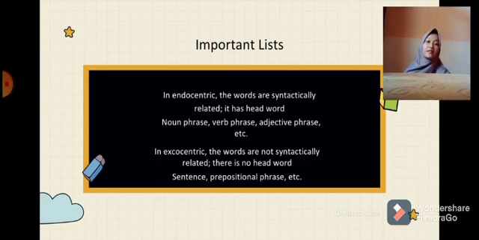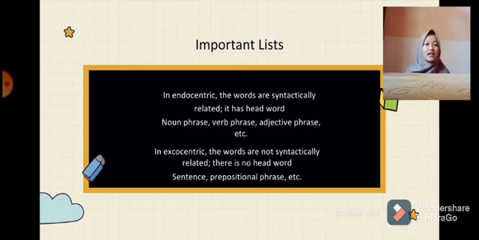Okay, it brings me up to the end of my presentation. So there are important points of this material. The first is that in endocentric constructions, the words are syntactically related and it has a head word.